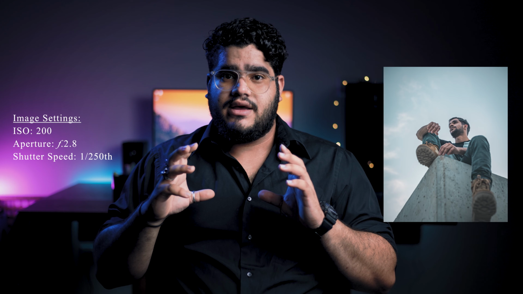That means that the background is gonna be blurry. Less of your subject is gonna be in focus, soft focus. And sometimes if you have foreground elements, the foreground element is also going to be out of focus.